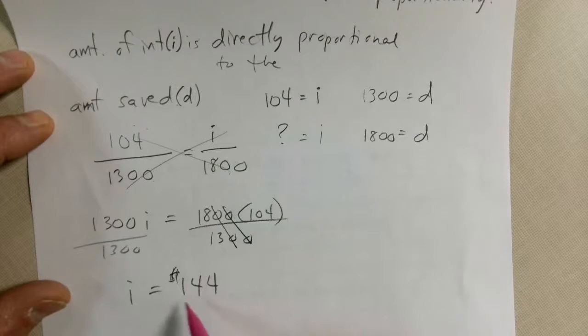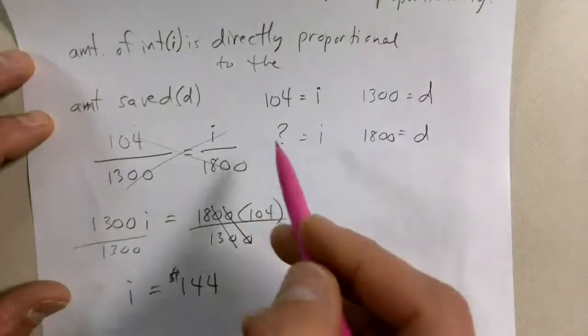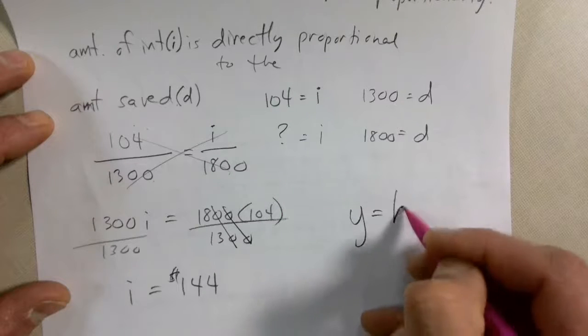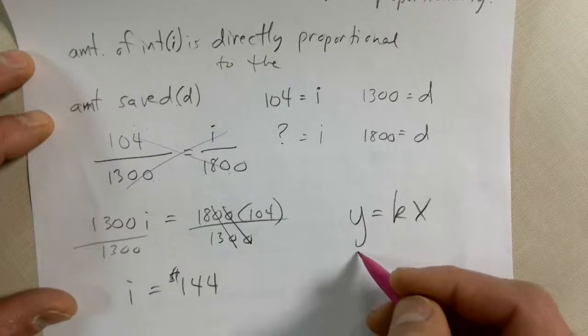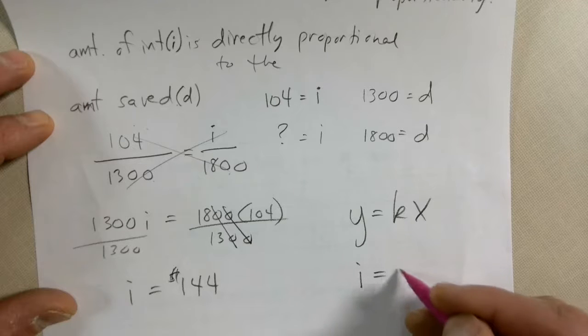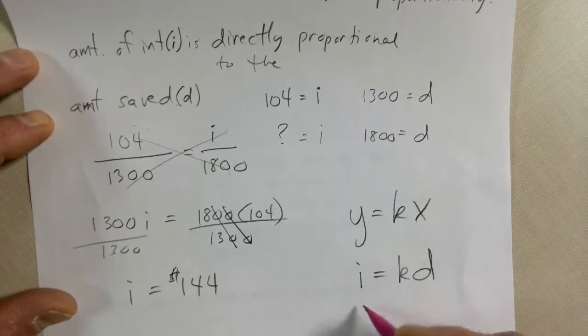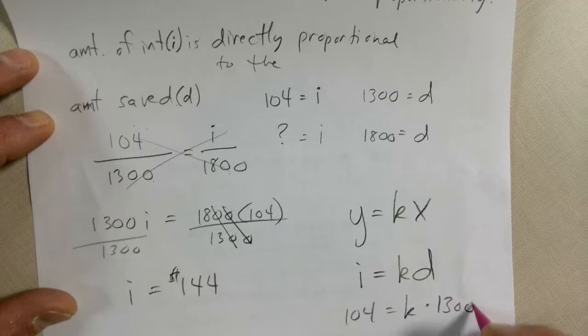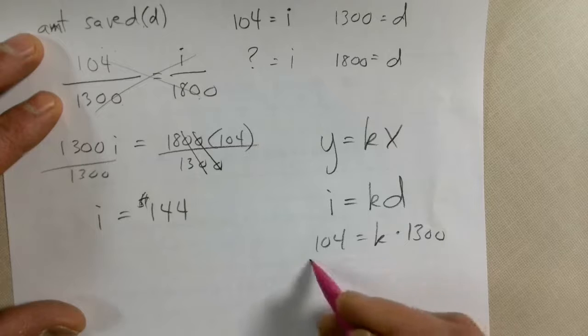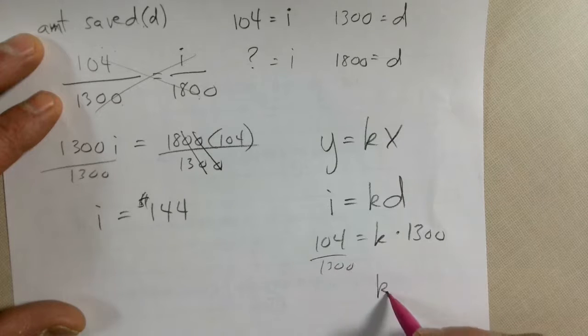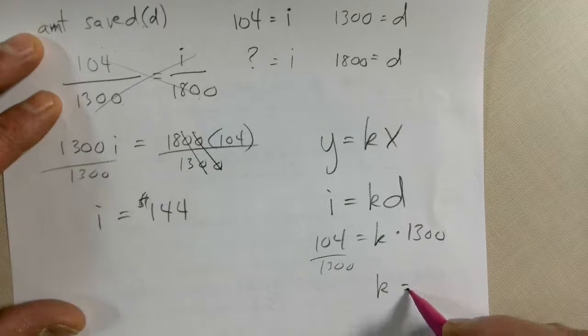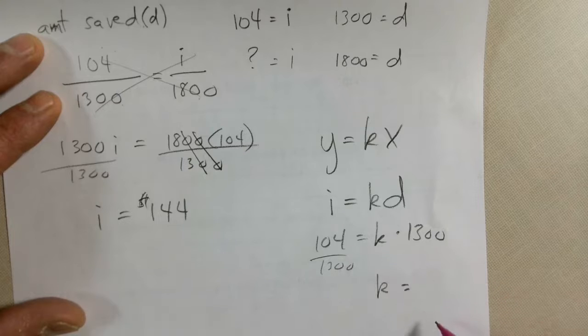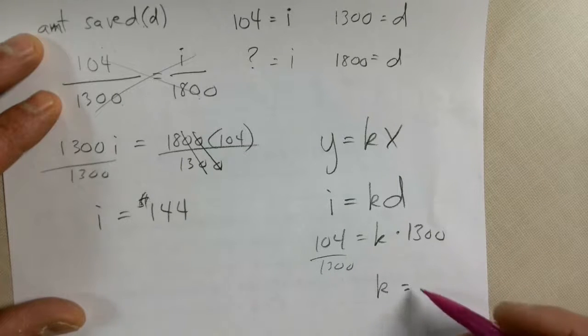We did it. Now you can solve this one without the proportion by doing the Y equals KX, plugging in, or in our case it would be interest equals K times D, plugging in your interest, 104 equals K times 1,300, and then dividing by 1,300, so K would then equal 104 over 1,300, which I'm not going to do right now, but you get the idea.